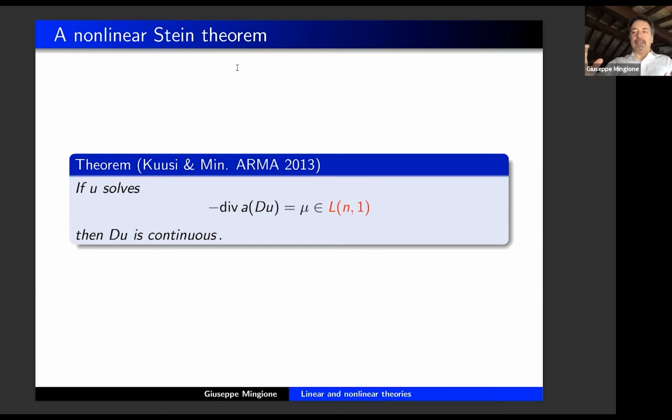But when the gradient is large, the equation is becoming like Poisson. So this is expected to be optimal. It's optimal certainly in the Poisson case. So in a sense, what we prove is that all these kinds of equations and systems behave as linear. It's like linear equations.